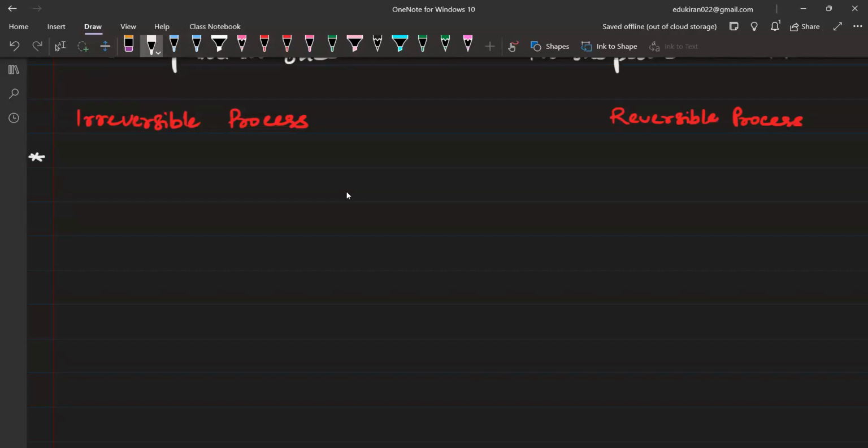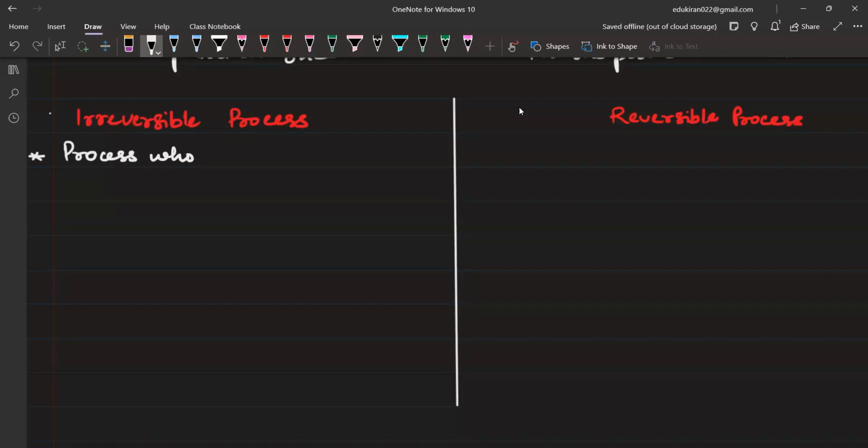Now, irreversible process, how to define it? Just make a line. Irreversible process: process whose direction cannot be changed at any stage.